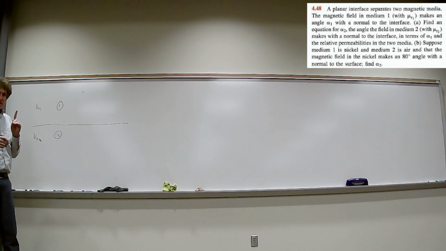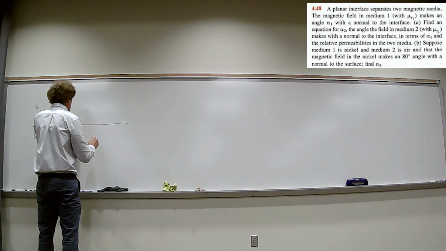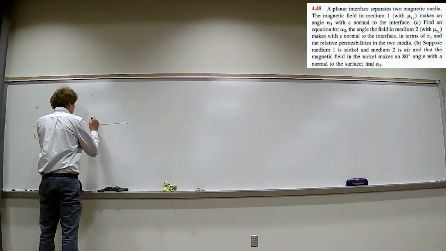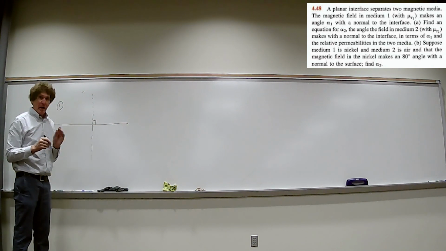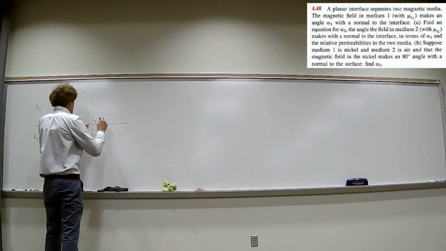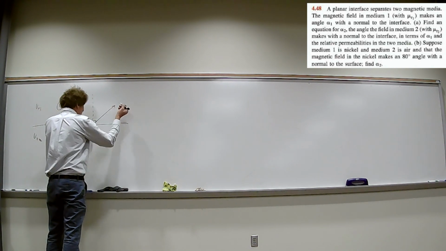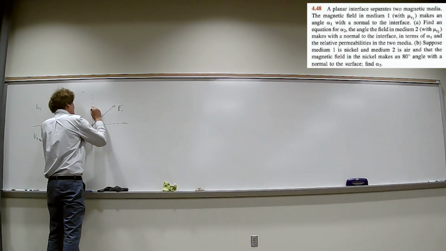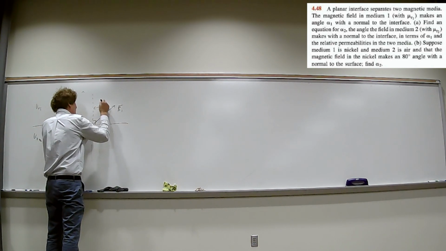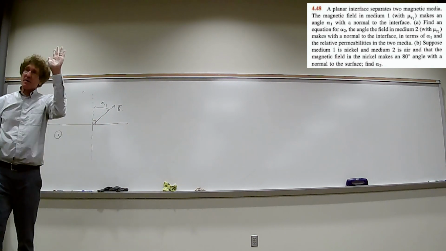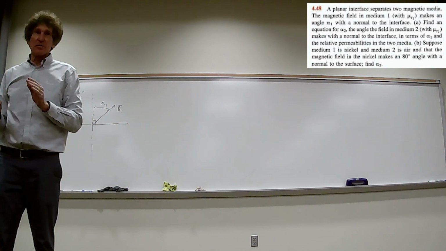Now what he does is he said, let's use a unit normal. So this is going to be my unit normal. It makes a 90-degree angle here. I'm just trying to show you the normal component, right? What he says is up here, we're going to have a vector, and I'll make it B. It doesn't matter if it's B or H. B1 here, and it makes an angle alpha 1 with an axis that is perpendicular to the plane separating the regions.